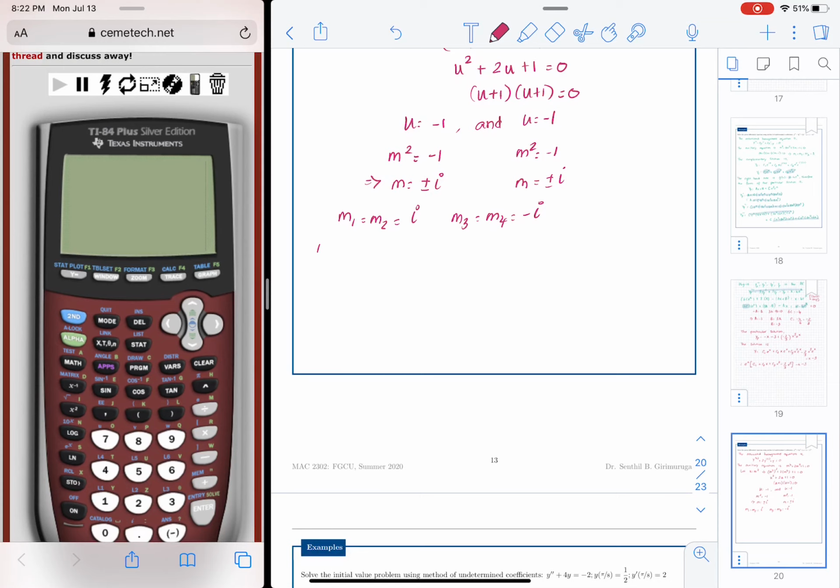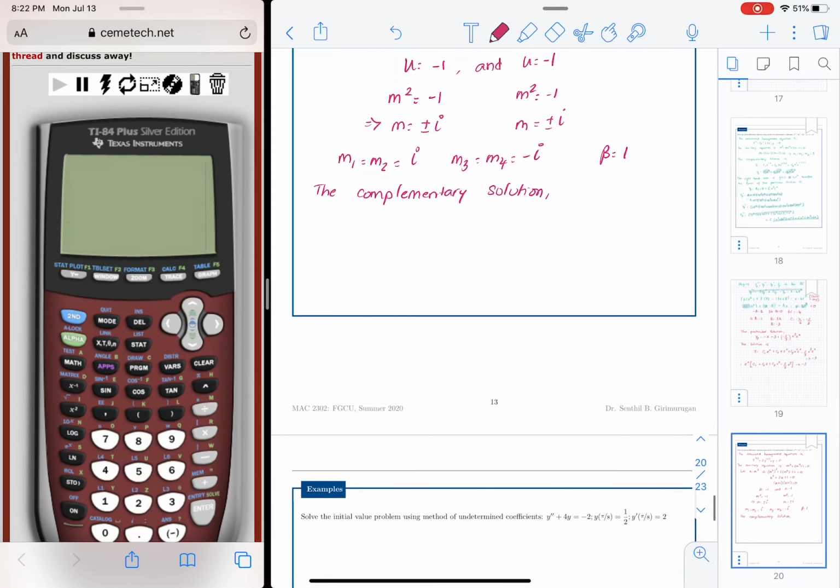So the complementary solution, the beta is 1. They are conjugate pairs, so you can't put negative 1.